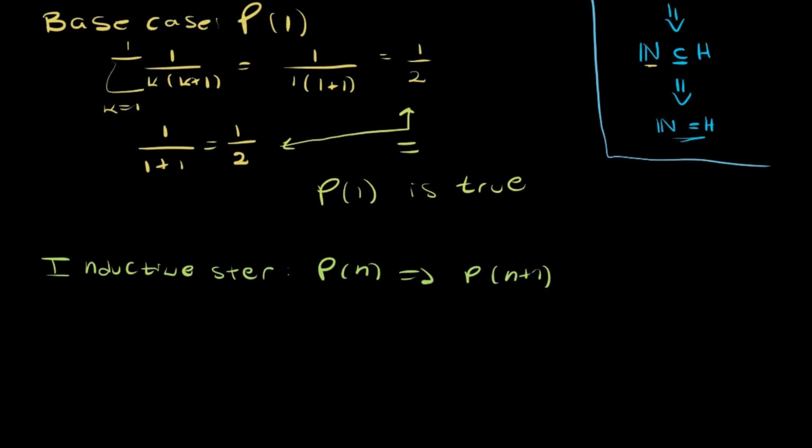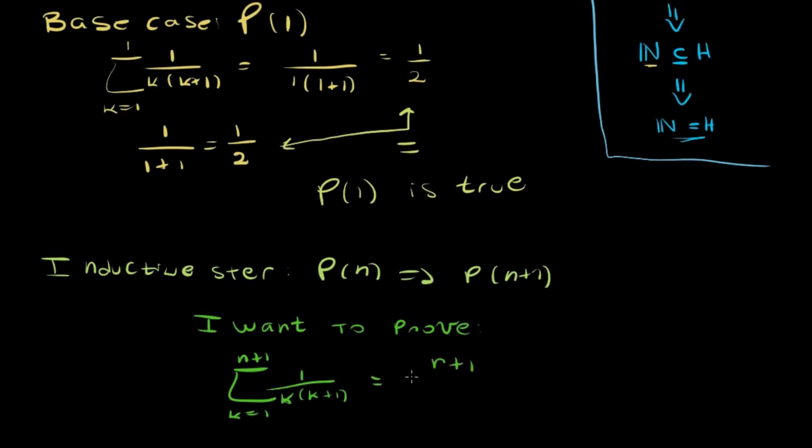So what I want to prove is that the sum from k equals 1 to n plus 1 of 1 over k times k plus 1, I want to see that this equals n plus 1 divided by n plus 2. This is what I want to conclude.